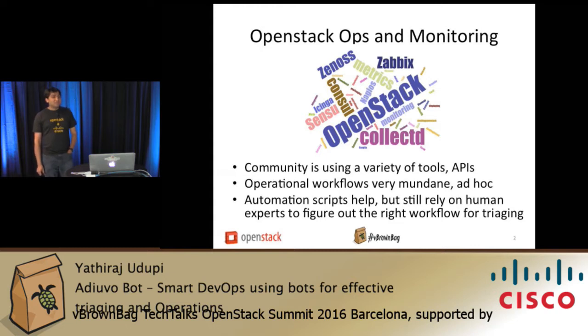There are a whole bunch of tools and APIs, and several of them provide dashboards where you can see the current status. Typically, triaging sessions go through a standard way of running through a run book and going through all your steps to figure out what's actually going wrong.